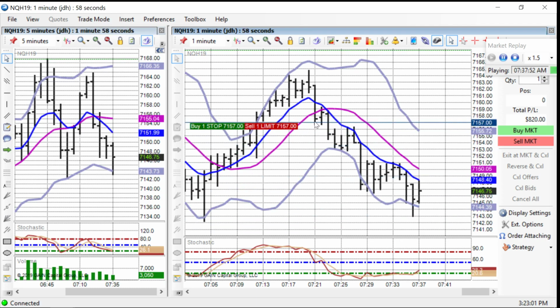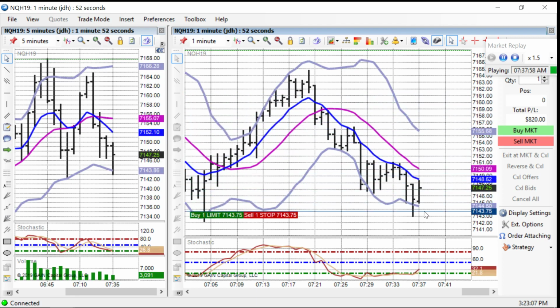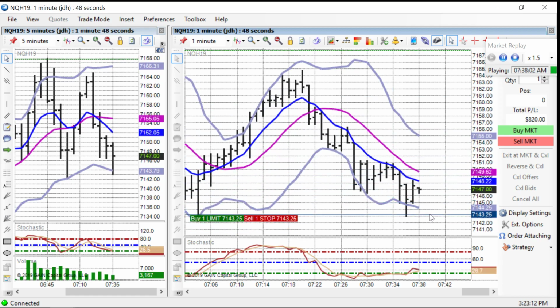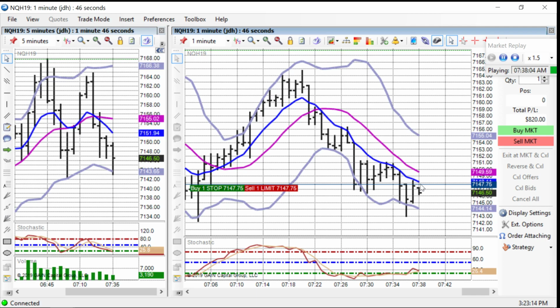And another sign also is, is it 3 or 4 swings down? If it's that third or fourth swing down, it's often a trend reversal.